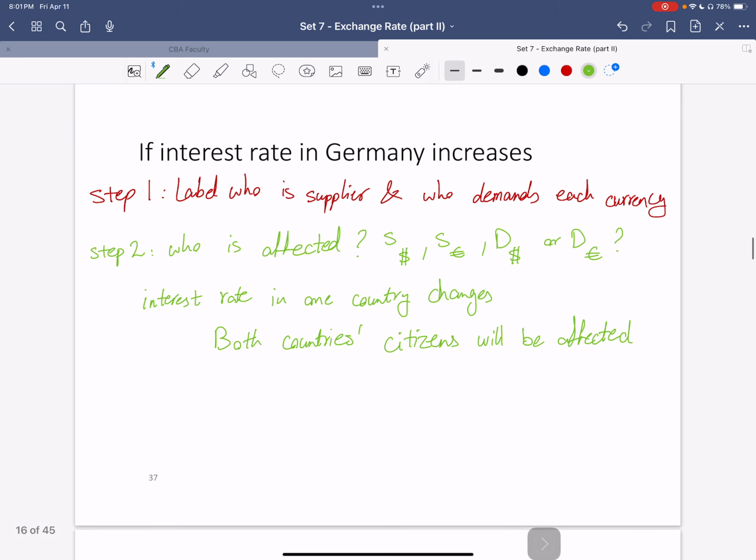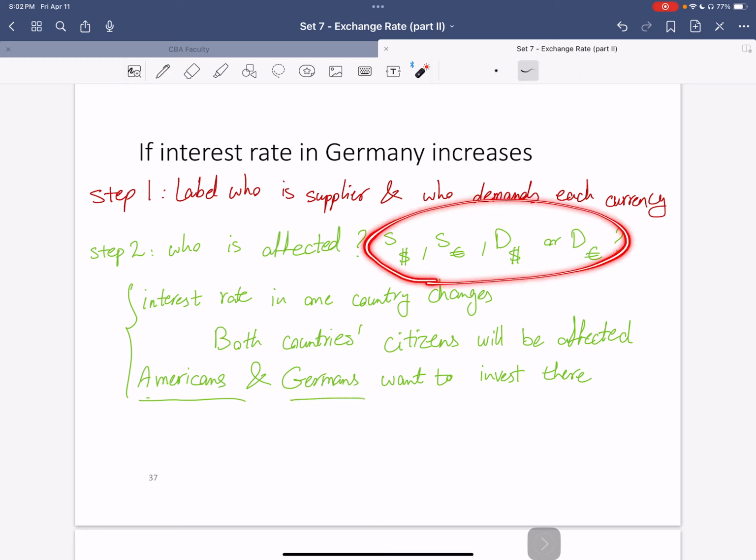So we will see that Americans and Germans want to invest there. And this investment, both Americans and Germans, is going to affect all of these curves.